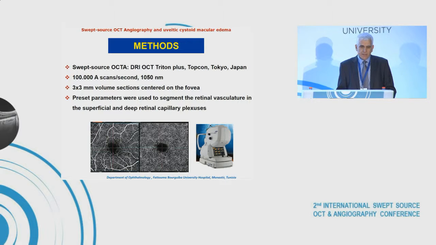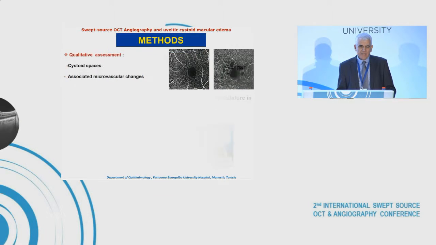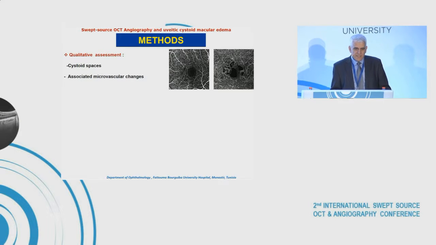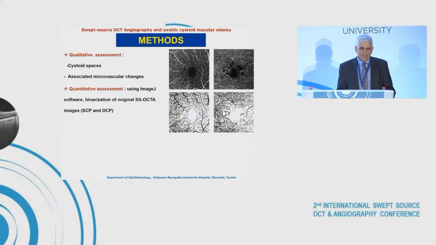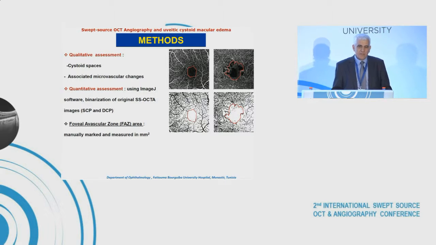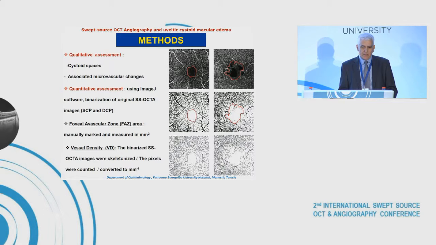All patients had a standard protocol using swept source OCT-A with the DRI OCT Triton Plus. Our study included a qualitative assessment of cystoid spaces and associated microvascular changes, and a quantitative assessment using publicly available software to evaluate the foveal avascular zone area and the vessel density.